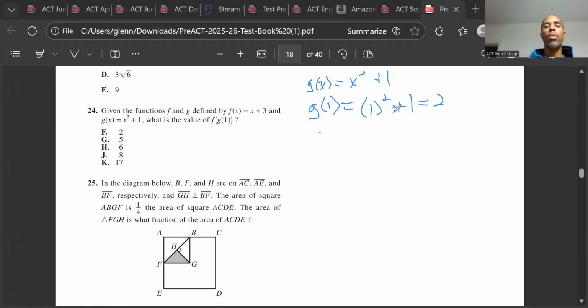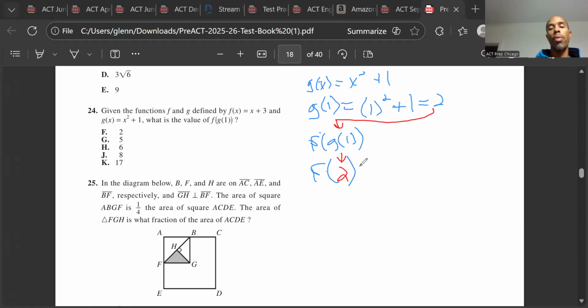Okay. So then when we do this substituting, when we have f of g of 1, since g of 1 is equal to 2, instead of putting g of 1, we could actually put a 2 there, because that's what g of 1 is equal to. It's equal to 2.